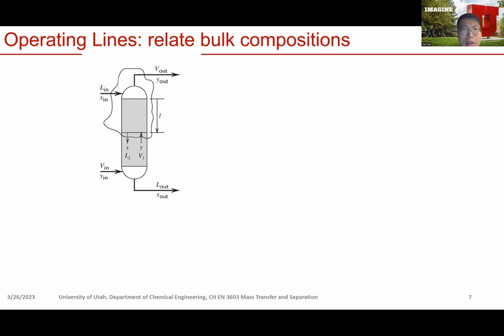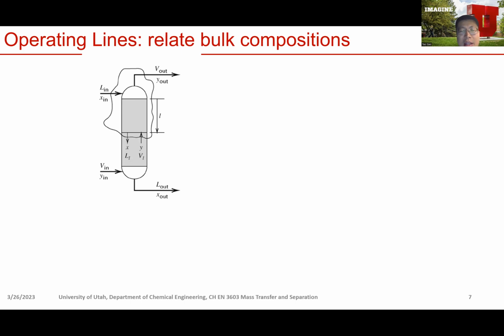Okay. So recall for the packed tower, we have a liquid stream coming down, we have a vapor stream going up, right? And for the packed tower, we use a concept that's called HETP, height equivalent of a theoretical plate, to basically analyze it, right?